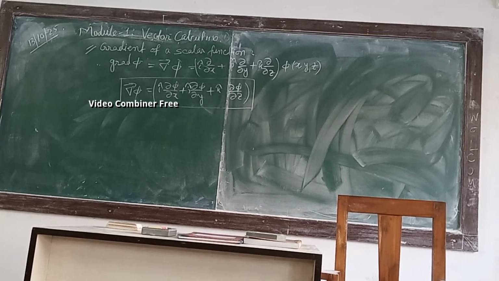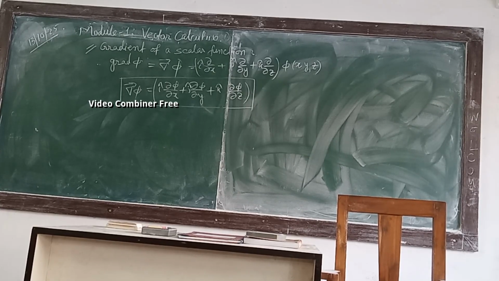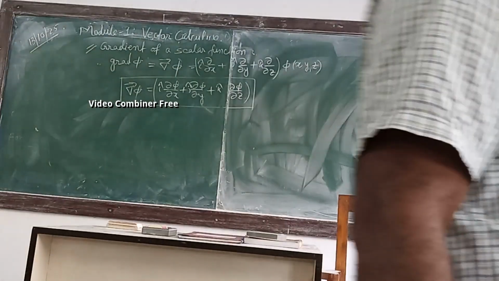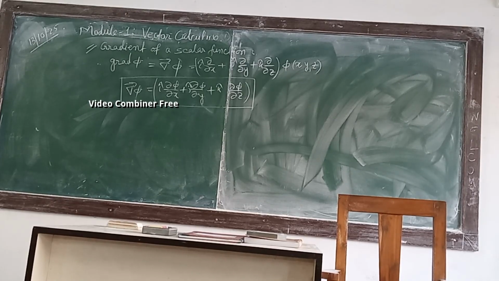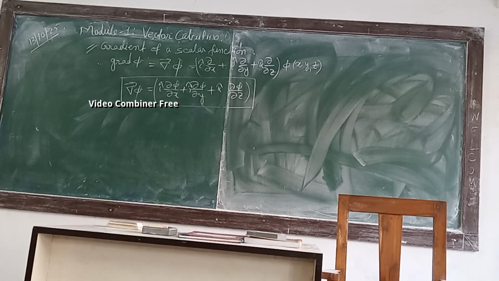Gradient of phi is a vector quantity. So if it is a vector quantity, it must have a direction. So what is the direction?